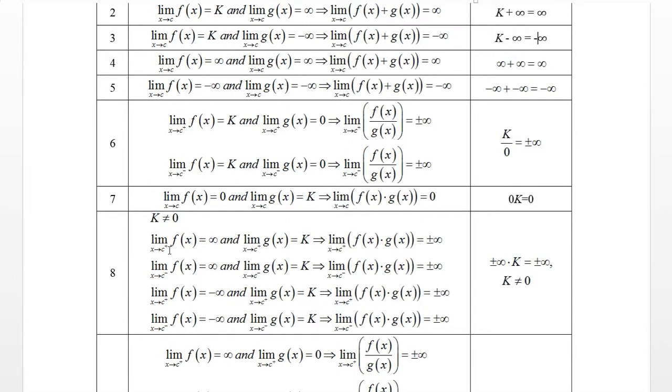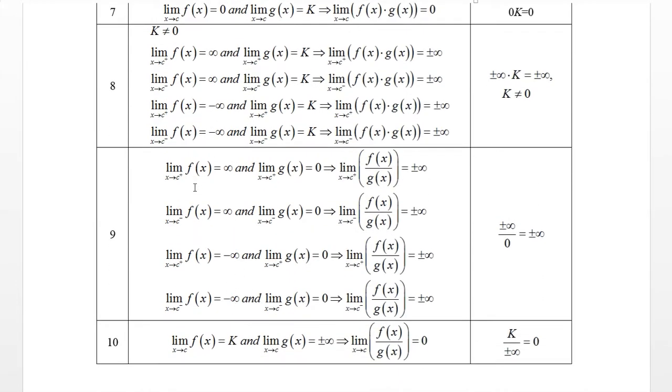So if we do a limit as x approaches c from the right side, for example, and this one's approaching positive infinity and this is approaching some constant, then it might go to infinity or minus infinity. It depends. Same way here from the left side. And here, if you're going to minus infinity and the other one's going to a constant, again, this could go to positive or negative infinity. It depends on the case.